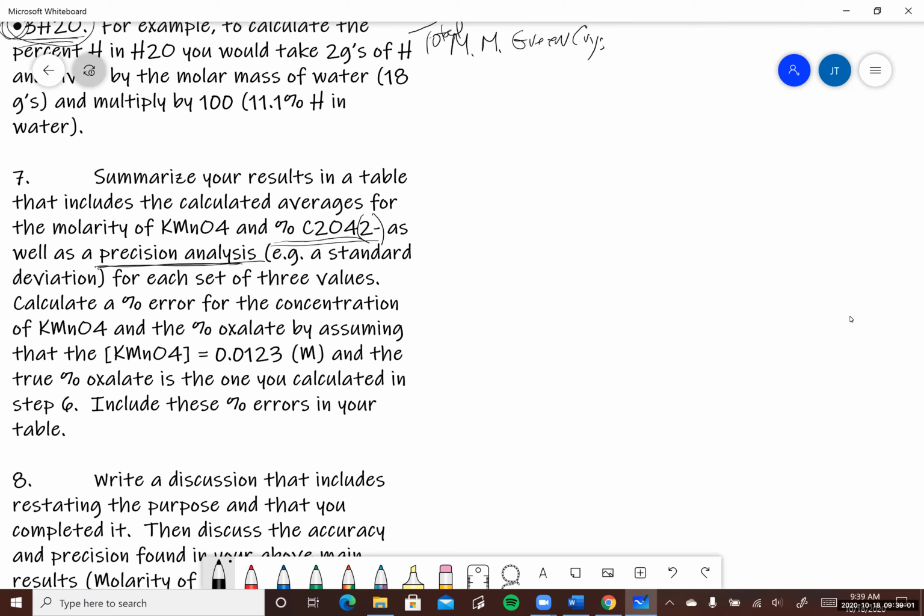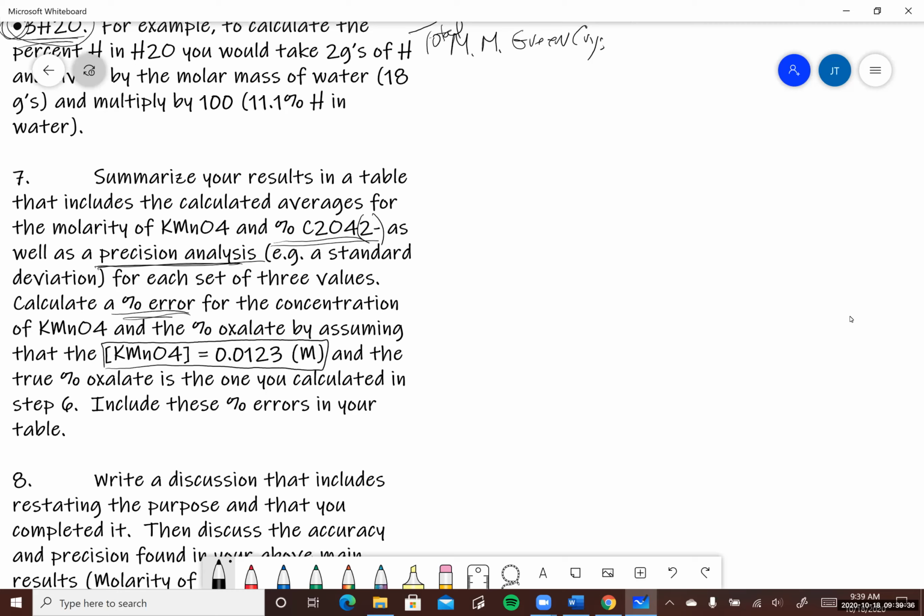Then you're going to calculate a percent error. And so that's different from precision. This is dealing with accuracy now, percent error. So you have to compare to the true structure. So you take the true value as this concentration for KMnO4 and you compare it to your average concentration, and you can get a percent error.